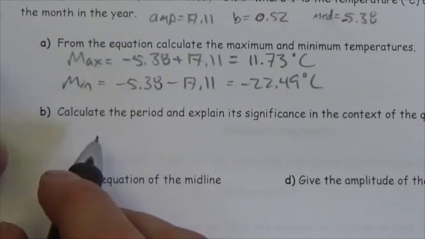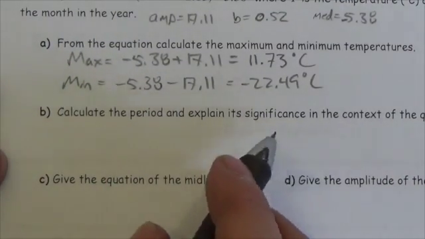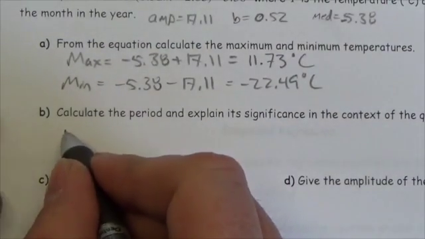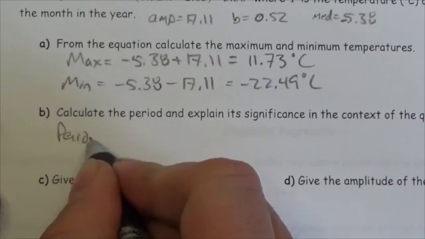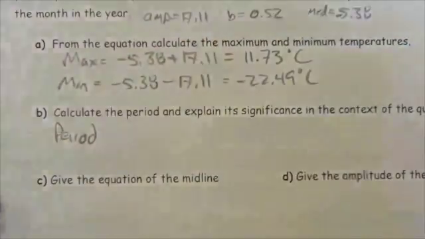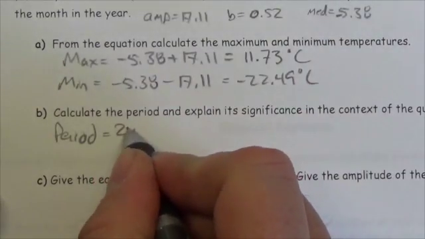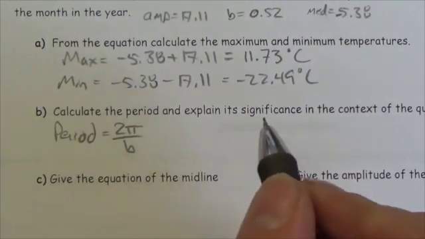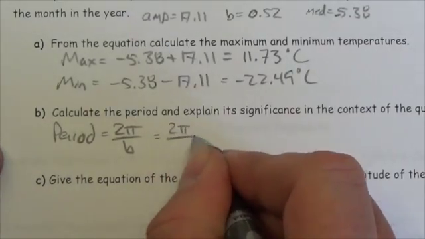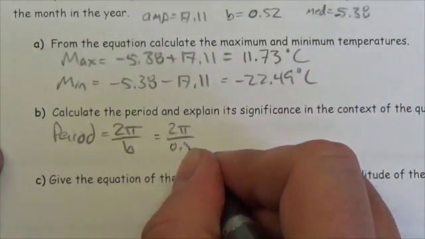The next question says, calculate the period and explain its significance in the context of the question. Well, period is related to the B value, and we saw earlier that period is equal to 2 pi over the B value. Now we've got to be in radians for these word problems. So this is going to end up being 2 pi divided by that value 0.52.